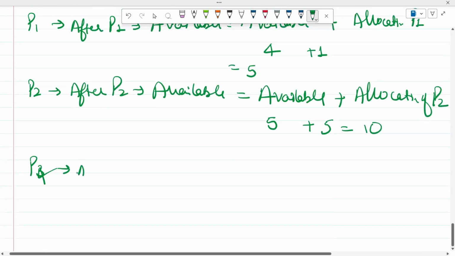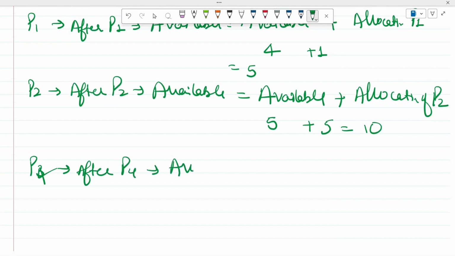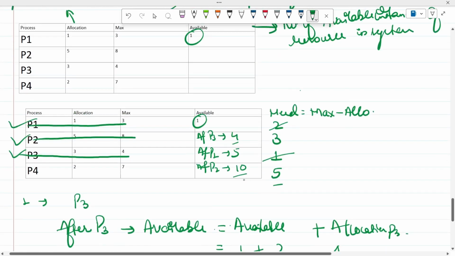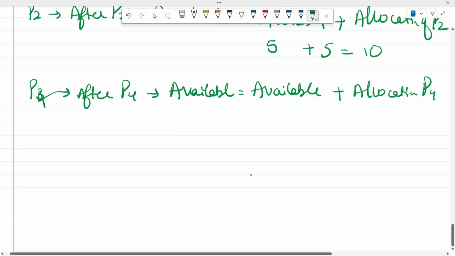Now after P4, what is the available resource? Currently available plus the allocation of P4. What is the currently available value? Which is 10.